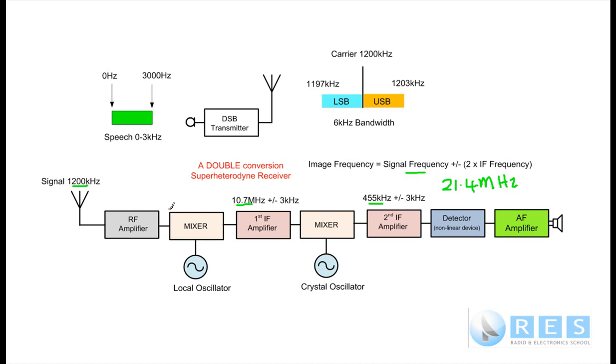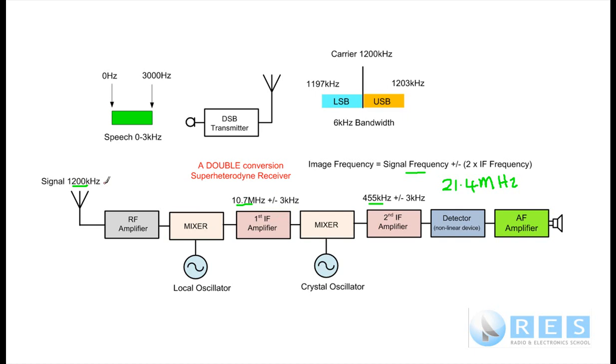There is no image problem with a double conversion superheterodyne receiver, which will always use a high frequency IF as the first IF. And the purpose of using the high frequency first IF is to place the image so far away from the wanted signal that it is no longer a problem. That's why we use double or even triple conversion.